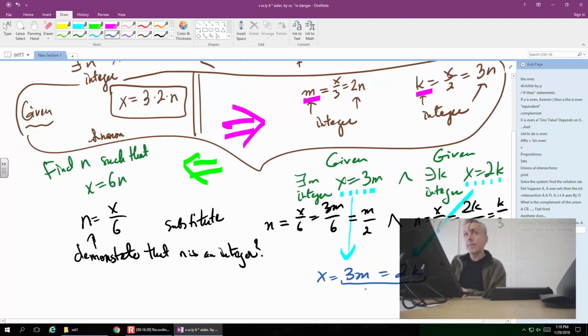M is equal to 2k divided by 3. Okay. Anything more relevant? What kind of number is m? So once again, 3m is equal to 2k. What kind of number is m? An integer? Oh, it definitely is an integer. They all are, but more so.